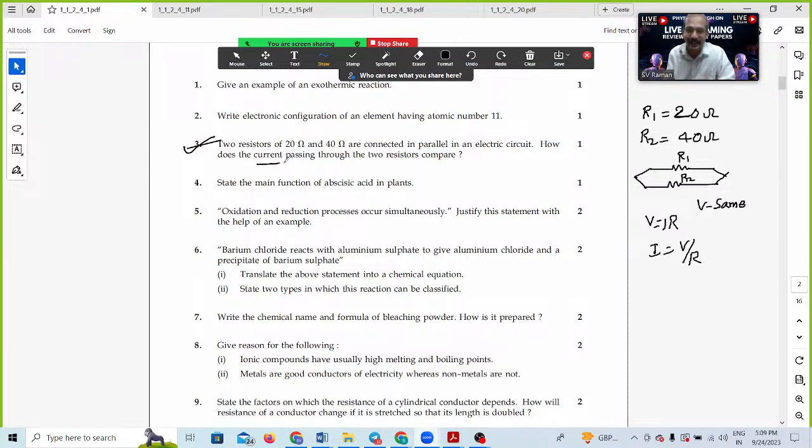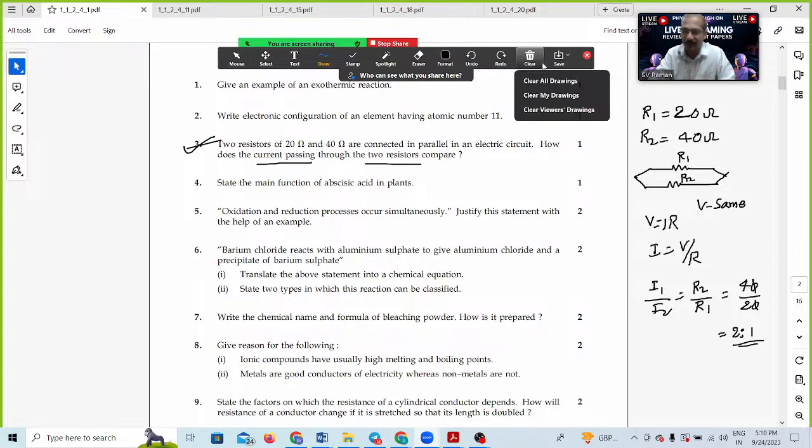How does the current passing through the two resistors compare? So I1 by I2 is equal to R2 by R1. R2 is 40, R1 is 20, so 40 by 20. So it is 2:1. The current in the ratio of 2:1 is the answer.